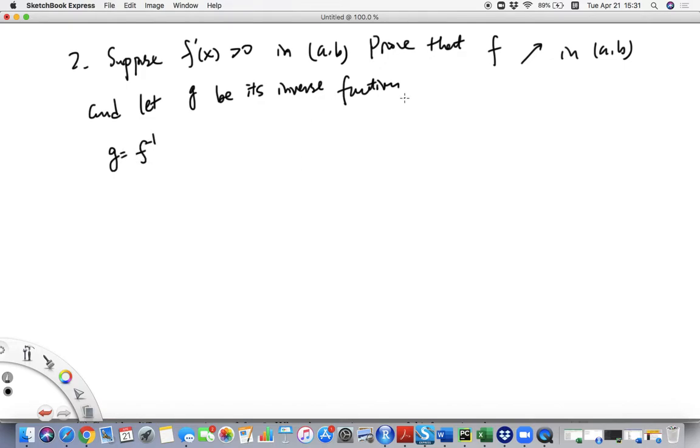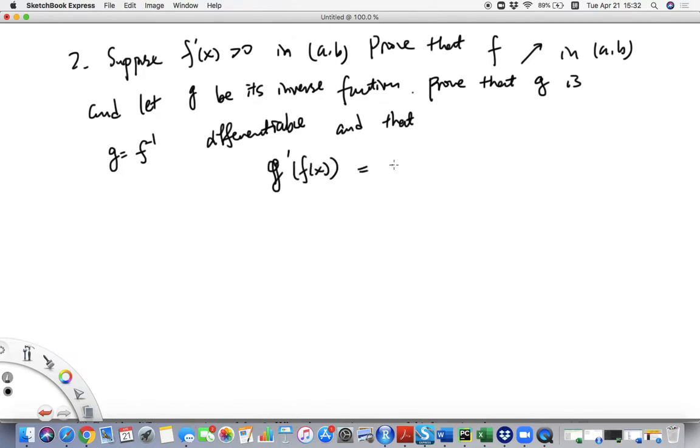Prove that g is differentiable and that its derivative satisfies g prime of f of x is equal to 1 over f prime of x.